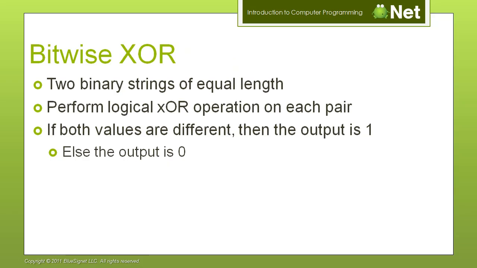The next one we have is the bitwise exclusive OR. We take our two binary strings, and we perform an exclusive OR operation on each pair. Now the difference between OR and exclusive OR is both values must be different. In the OR operation, 1 or 1 is true. But in an exclusive OR, 1 or 1 is false because it needs to be two different values.